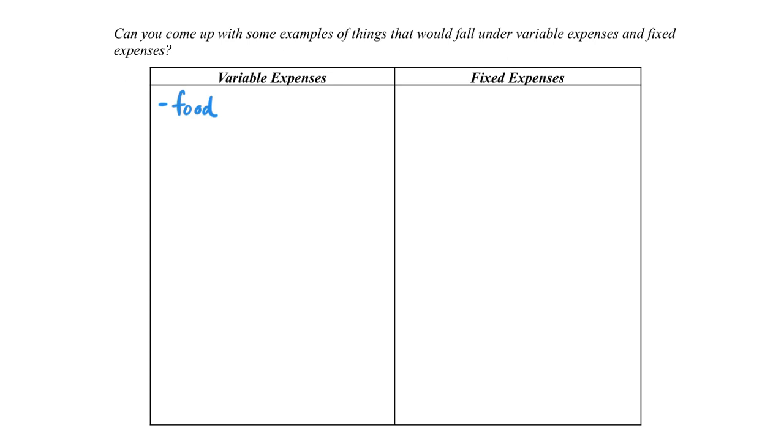When you start to address food, though, really for a lot of us, that's probably dining out, like eating out. You go and you pick up McDonald's on lunch, that sort of thing. Now, maybe that McDonald's on lunch is the same amount every single day, but it would still probably be a variable expense for us.